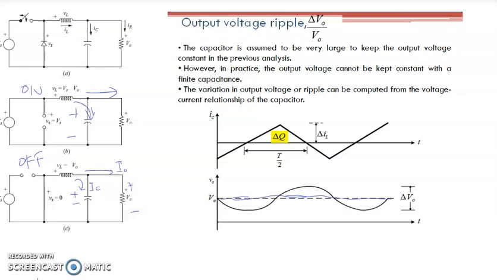What happens during a positive current? We assume that the capacitor is very large, such that it can maintain the ripple in a very minimum range. When the current is positive, it means that it is delivered into the capacitor.